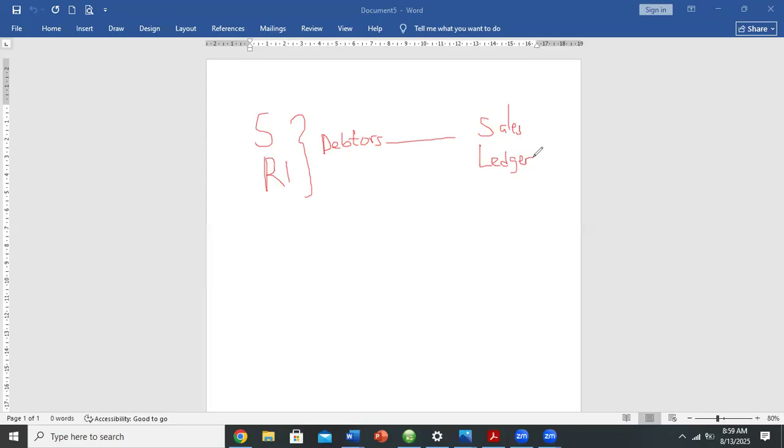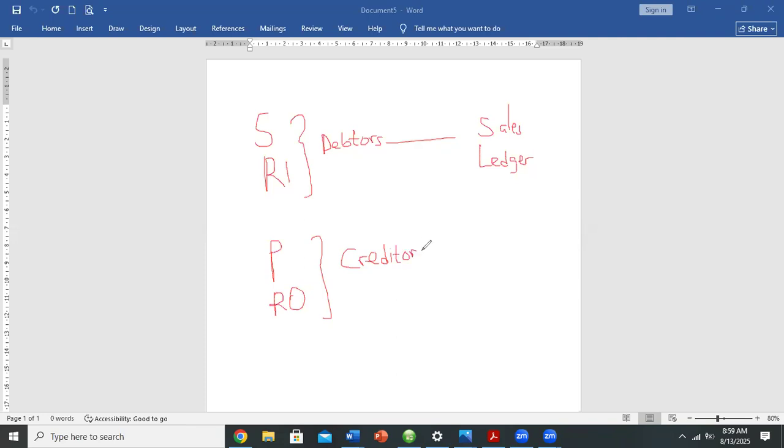Okay. After that, the purchases day book works with the return outwards. Return outwards is the same as the purchases return. That would bother about the creditors. And professors, which ledger keeps account of creditors? I think we mentioned it the last time.